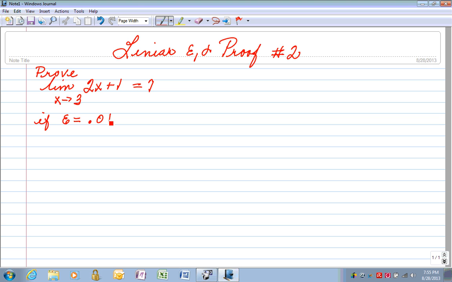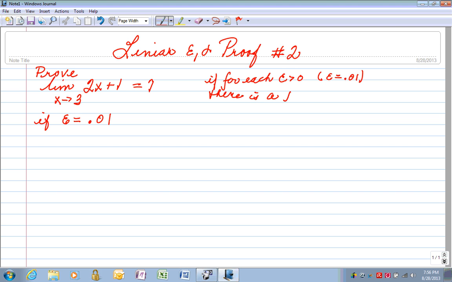So with this, and if you remember your structure, for each epsilon greater than 0, this epsilon is going to be 0.01. There is a delta.